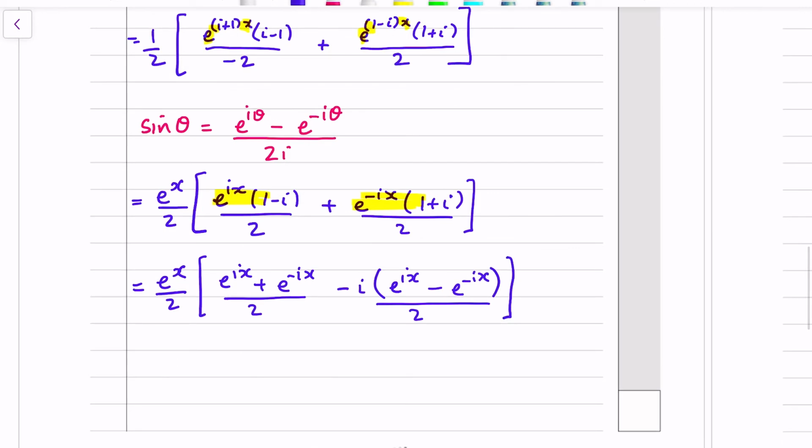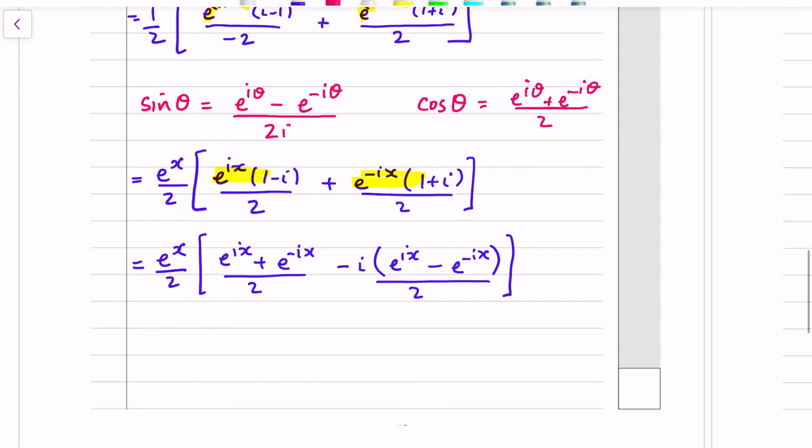And then the first part, there's the cosine formula we've seen already, which we've already used in this integral in line 1. It's cos theta equals e to the i theta plus e to the minus i theta over 2. So I use that formula for the first part. And the second part almost looks like the sine expression, it's just missing the i in the denominator.